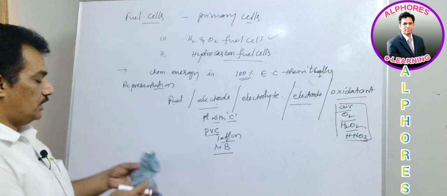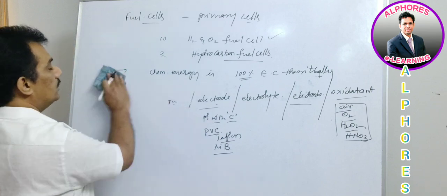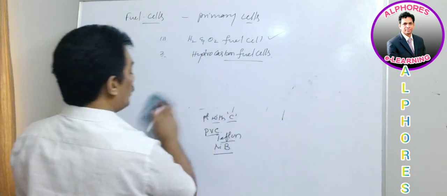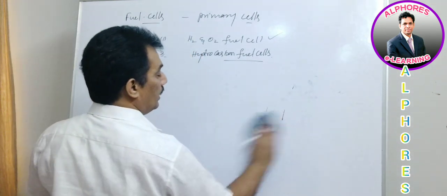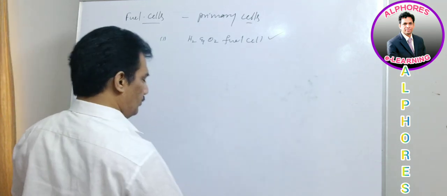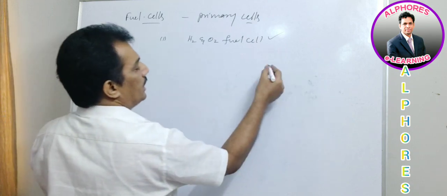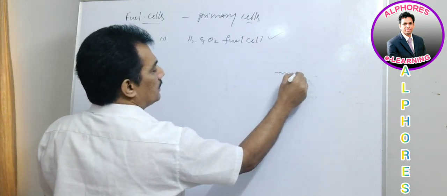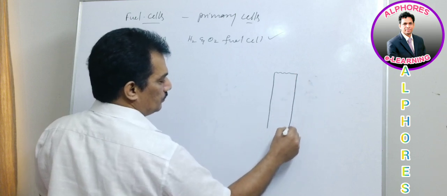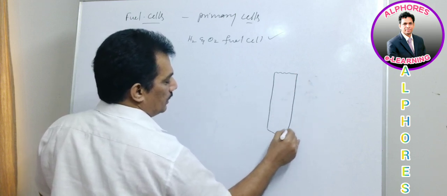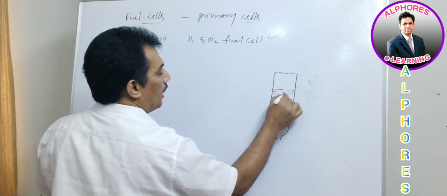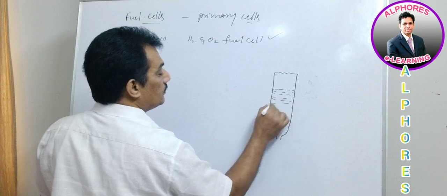And now, how it is working, how it is constructed, what components are present. Let us consider the electrode reactions involved in the H2 and O2 fuel cell. Actually this H2 O2 fuel cell appears as a rough diagram like this. These are the two electrodes, one electrode and the other electrode. These two are connected, and in between these two there is some sort of ion exchange resin.